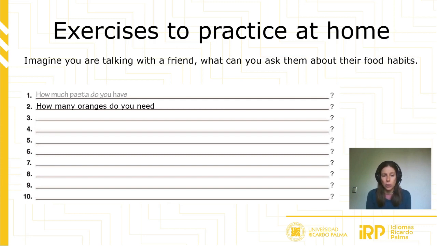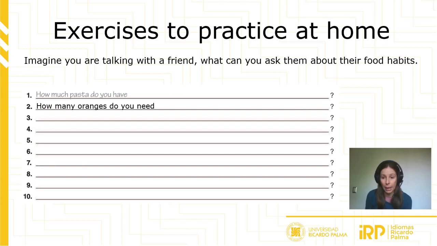Now, what exercises can you practice at home? Let's start with this one. Imagine you are talking with a friend. What can you ask them about their food habits? A first question you could ask them is, how much pasta do you have? Now, this question could also be good if you are asking how much pasta there is in your friend's refrigerator, for example.